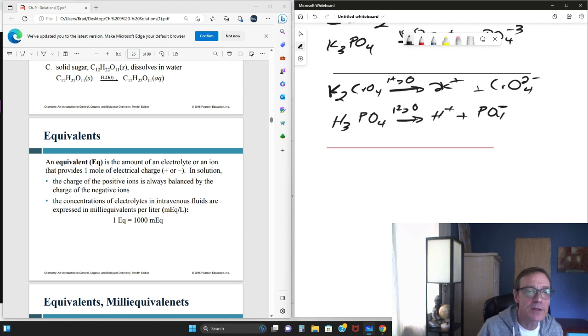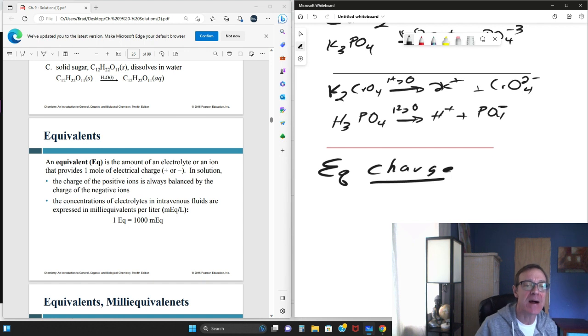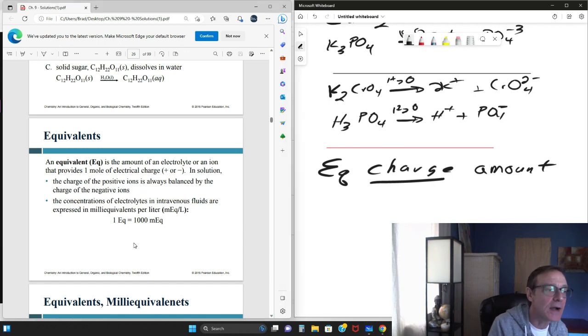An equivalent is a measure in a polar solution of electrolytes, and how much charge there is. It's not just how many molecules, but the amount of charge. For each +1, +2, +3, -1, -2, -3, you're going to increase the number of equivalents per molecule or atom. So let me show you what that actually means in practice.